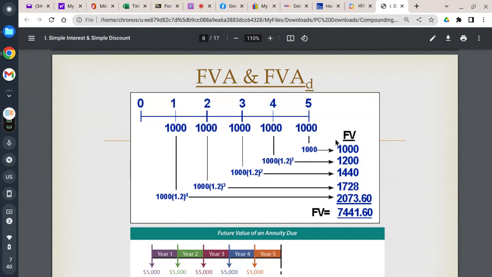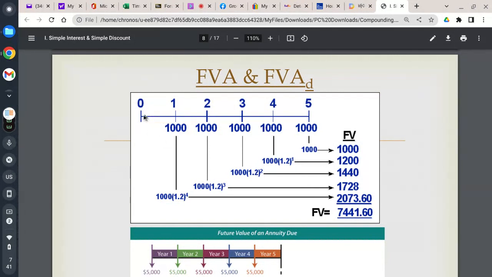So the chip touches the dip, but there's not enough time for the chip to gather the dip around it. The last one doesn't earn any interest, but at the end of year 5, this is how much you will have, because that's the sum of the future value of everything.